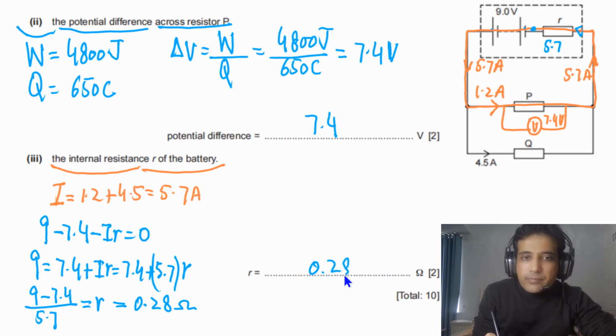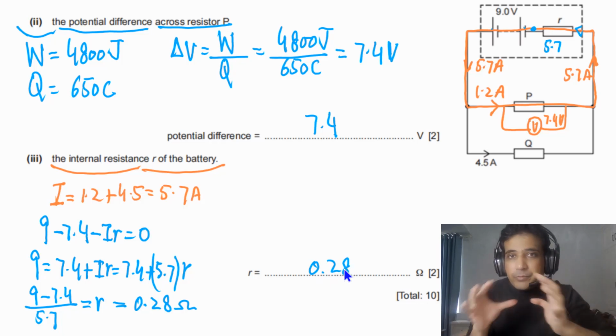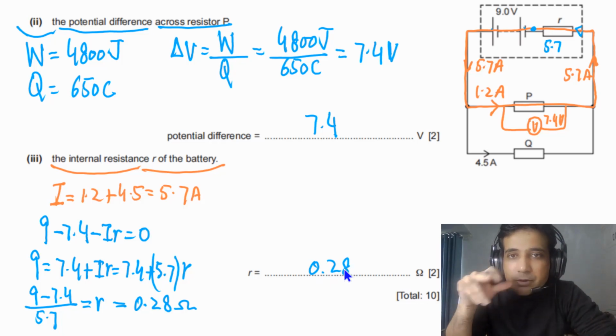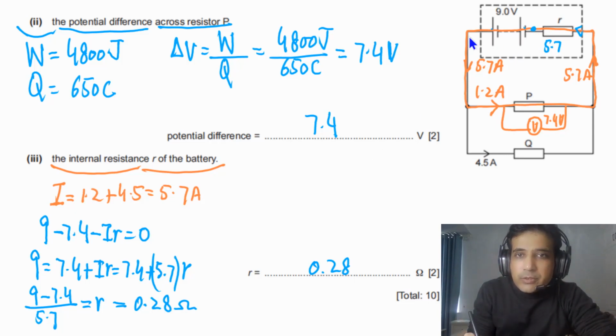This is a beautiful way to understand how to approach this type of problem. Simply take this loop because we have the potential difference. You can also take the outer loop, the result will be the same, but for this one we don't have the resistance.